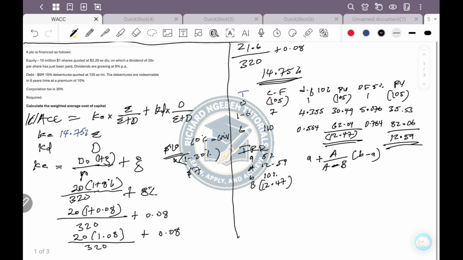So this is the formula for your IRR. All you need to do is insert these values into it, then you're able to solve it.